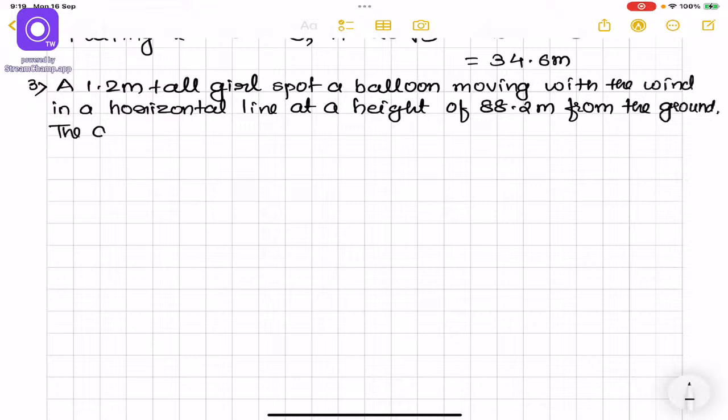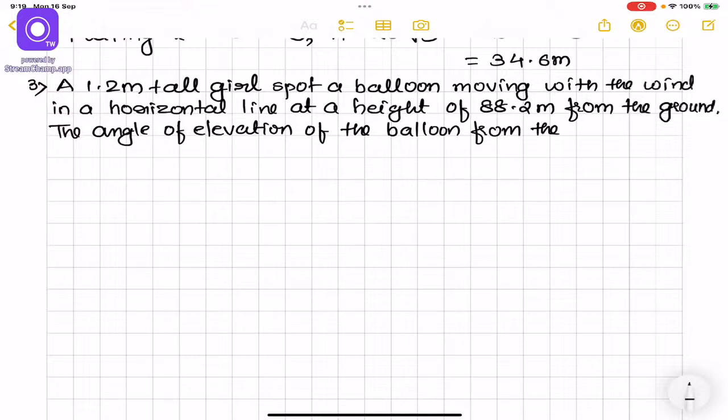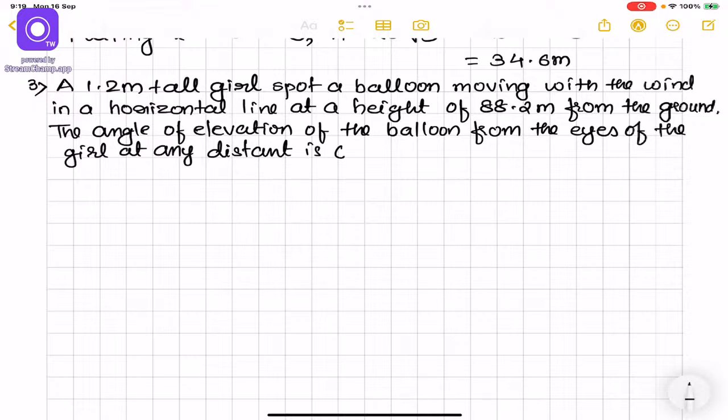The angle of elevation of the balloon from the eyes of the girl at any distance is 60 degree.